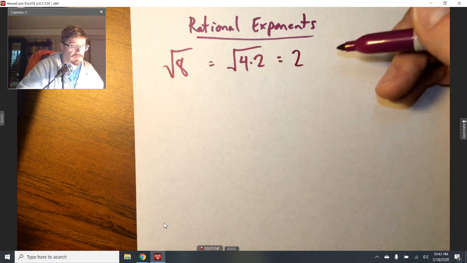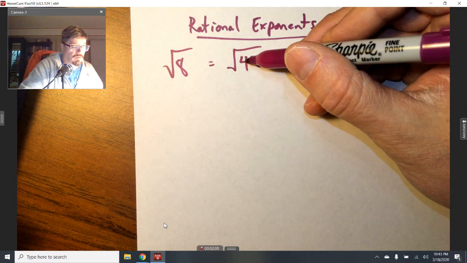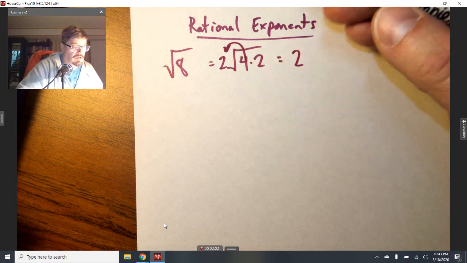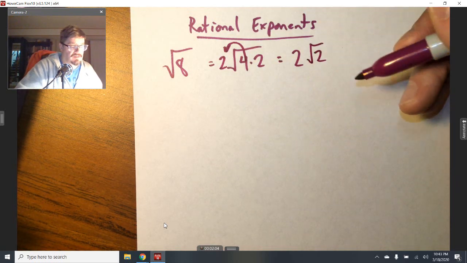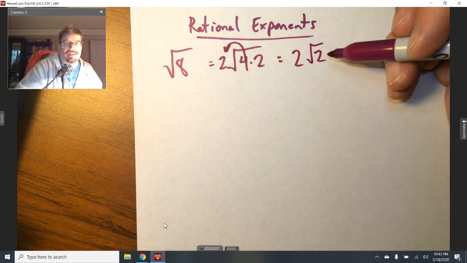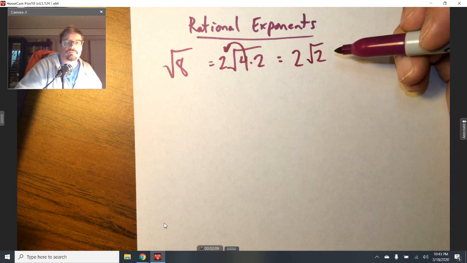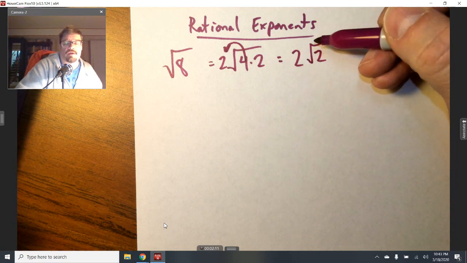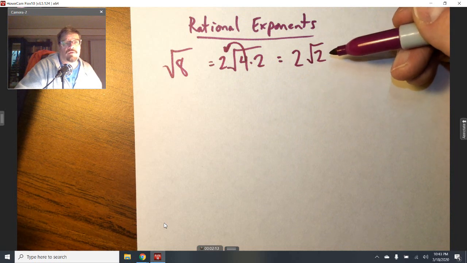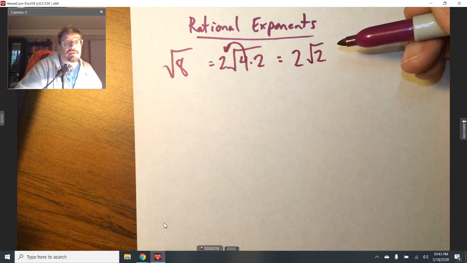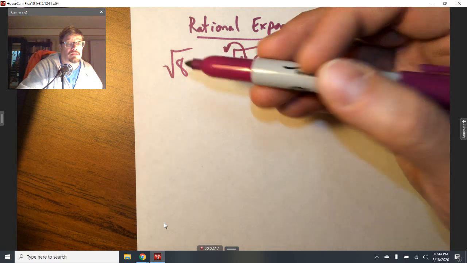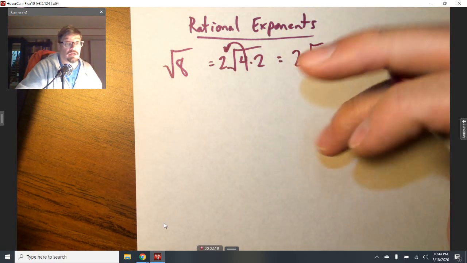So I've got 2, since the square root of 4 is 2, and what's left is 2, so I leave it inside the radical. The radical is just this symbol right here. So 2 radical 2, if you entered that into your calculator, equals the square root of 8. They're equivalent.